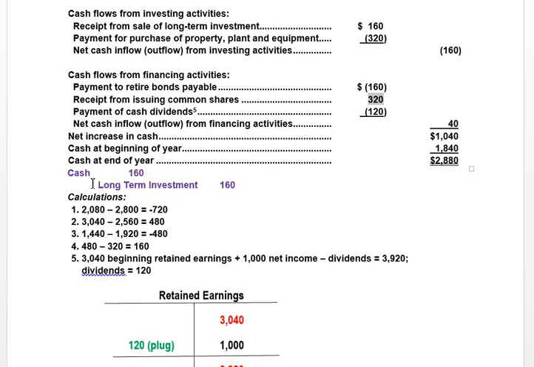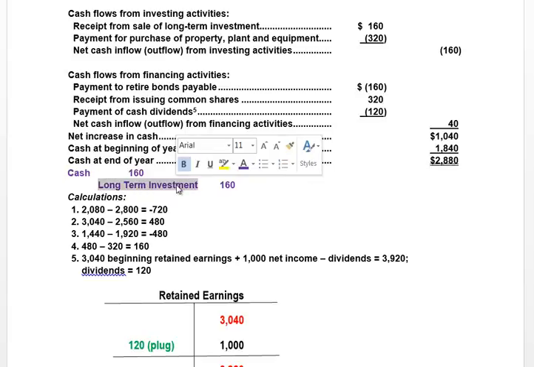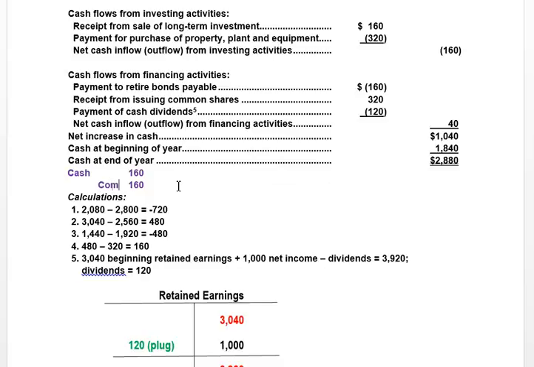So if you wanted to see the entry there, I'm just going to change this up. And here, just to save some space on the page, I'm going to make my entry here, and that's what it would look like for common shares being issued. So it's this debit of 320 which gives me an inflow of 320 here.